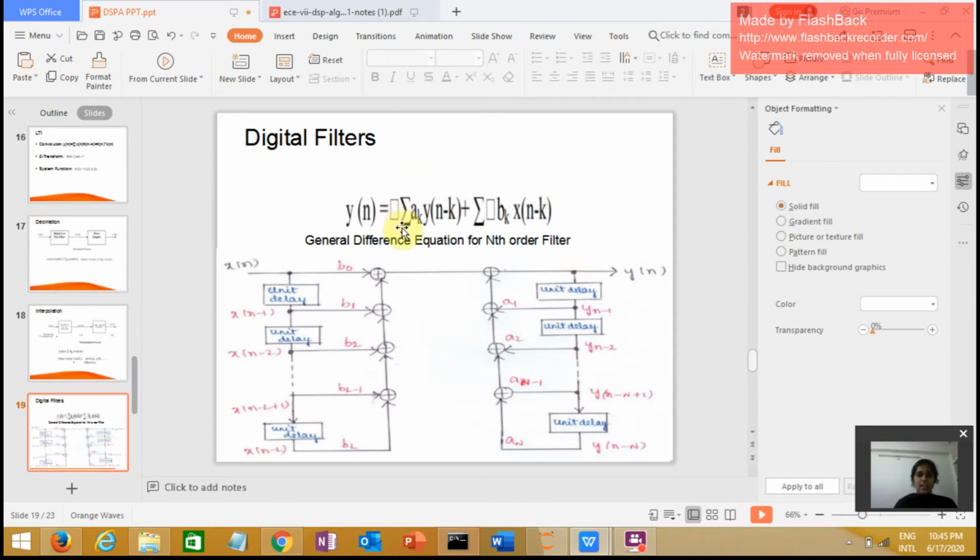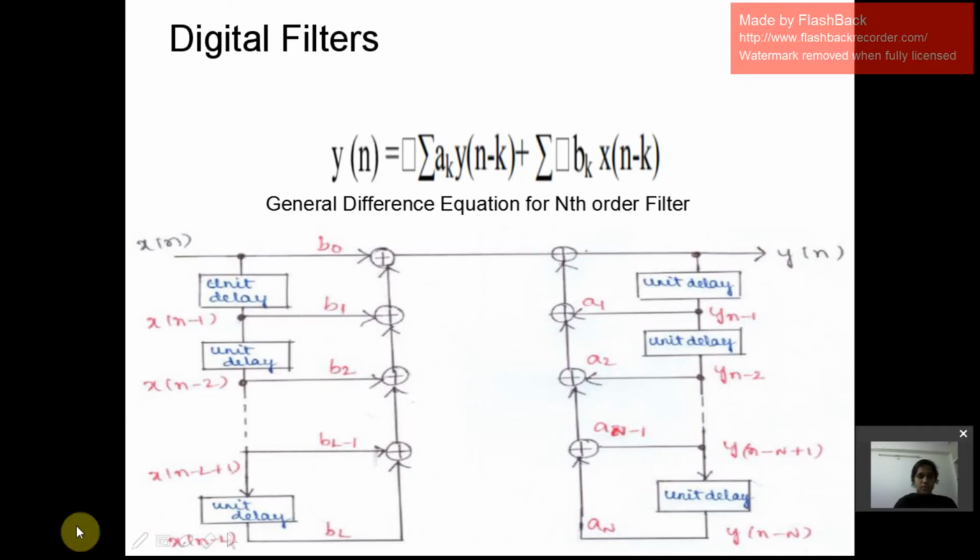As the limits were not mentioned clearly here, I would like to show you. What is the range of k?